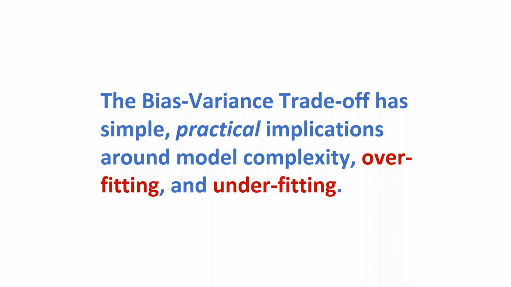We classify some algorithms as high bias, low variance algorithms, and some as high variance, low bias algorithms. We want to understand this so that we choose the right kind of algorithm for the right kind of problem. That is why understanding the bias variance trade-off is important.